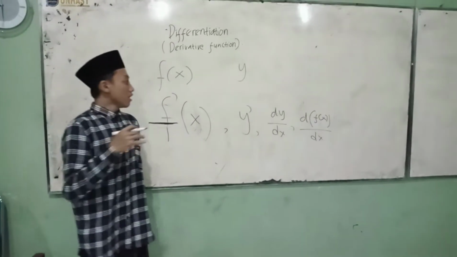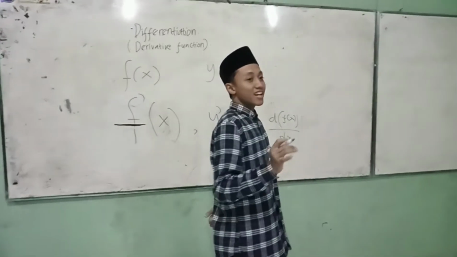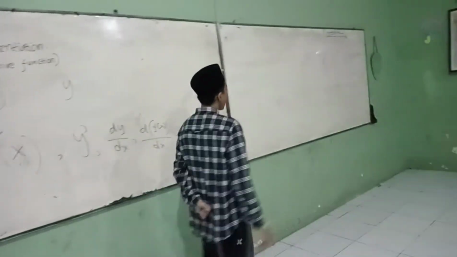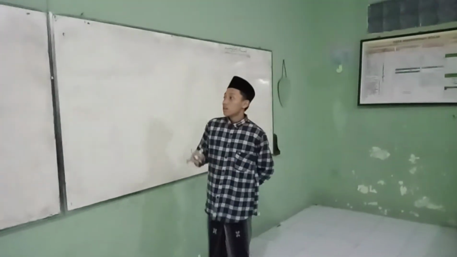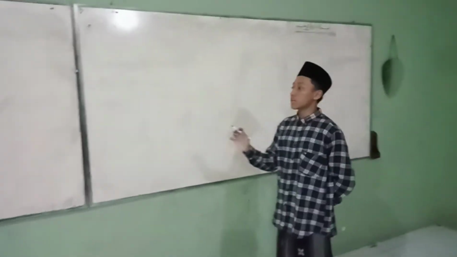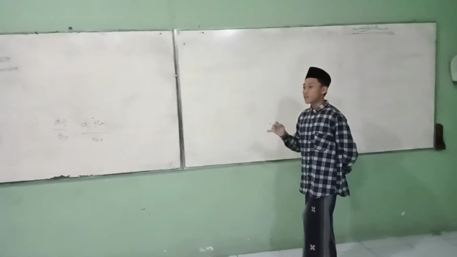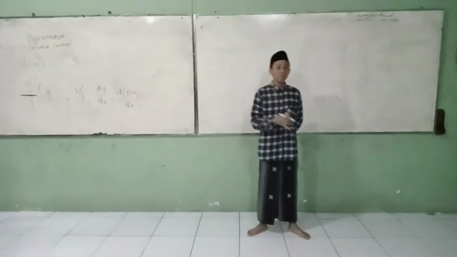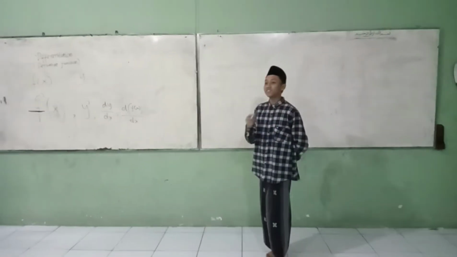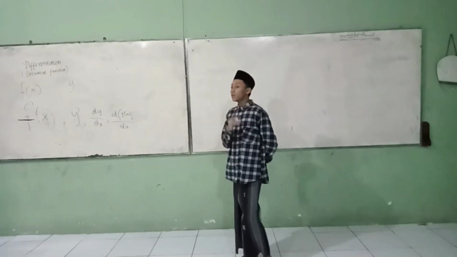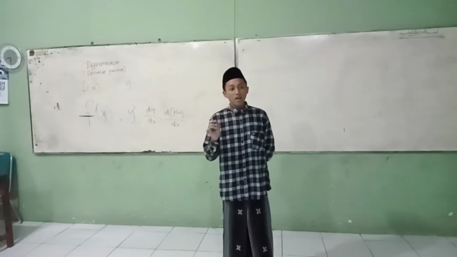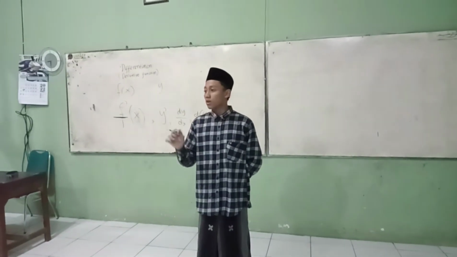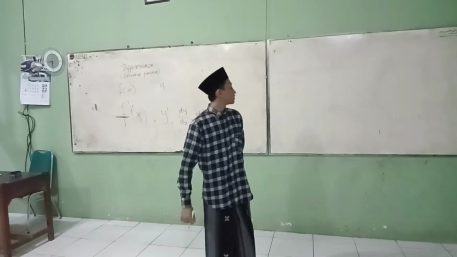Until now, is there any question? Okay, that's great. Because you understand the notation of the derivative function, I will quickly explain the ways we can determine the derivative function. Actually, there are many ways to calculate the derivative function, but now I will just give you two simple ways.